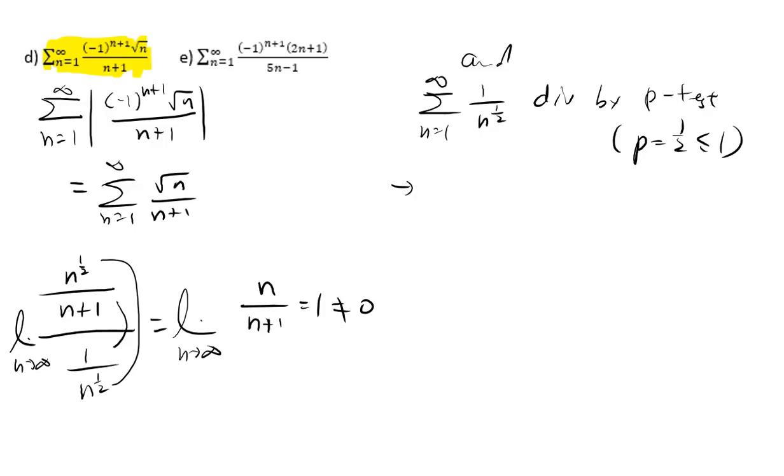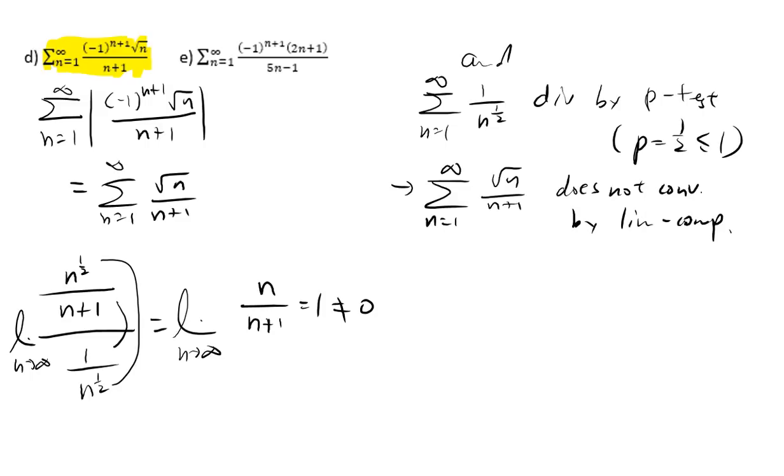So that means the sum from n equals 1 to infinity of square root of n over n plus 1 does not converge by the limit comparison test. Okay, that means we know for sure this is not absolutely convergent. So not abs conv.